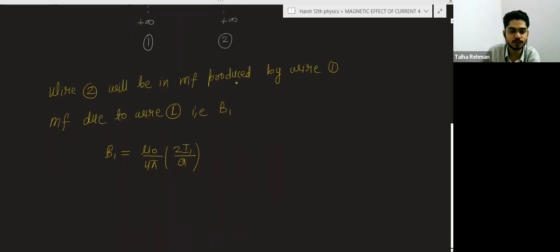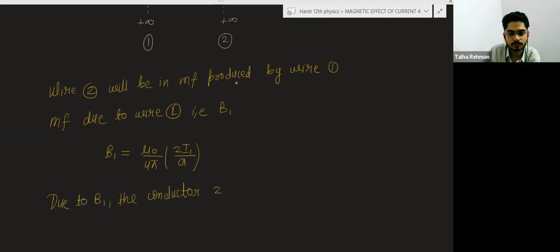So you can write here, due to B1, the conductor 2 will experience a magnetic force. And that magnetic force is given by the formula.